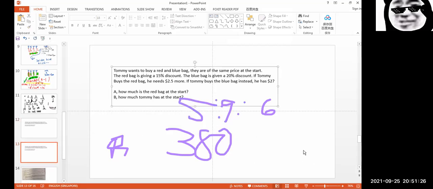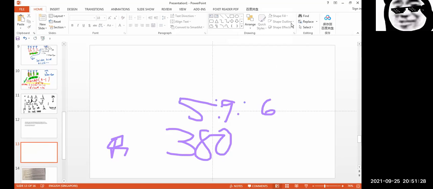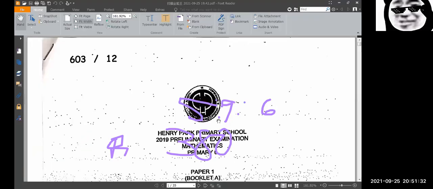Can you clear the screen for me, please? I think I stopped you from annotating.